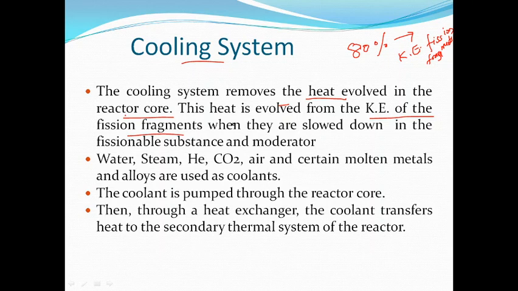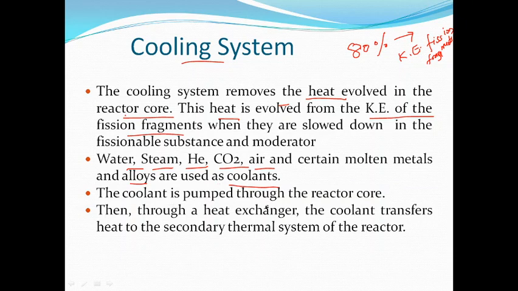Kinetic energy is converted into heat energy, and this heat energy should be taken out from the nuclear reactor, and for that purpose we use coolants. Water, steam, helium, carbon dioxide, air or molten metals and alloys are used as coolants. Their duty is to take out the heat from the reactor core.